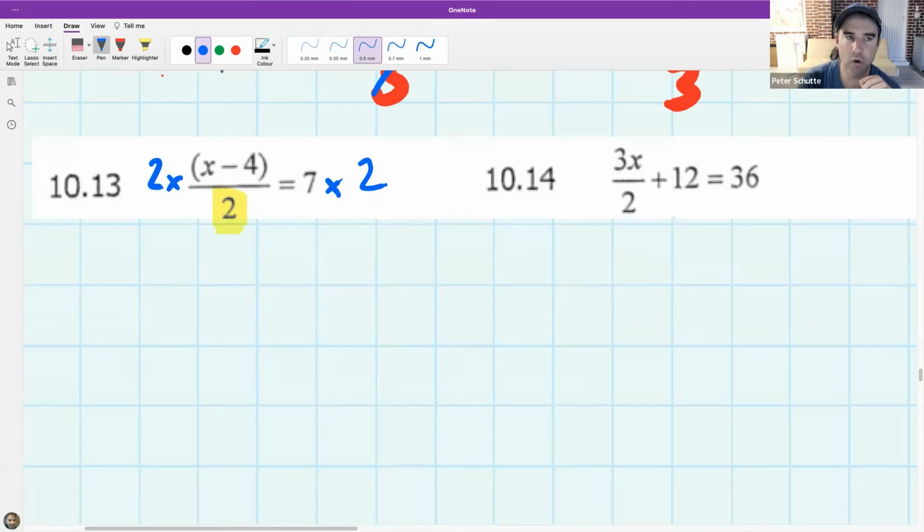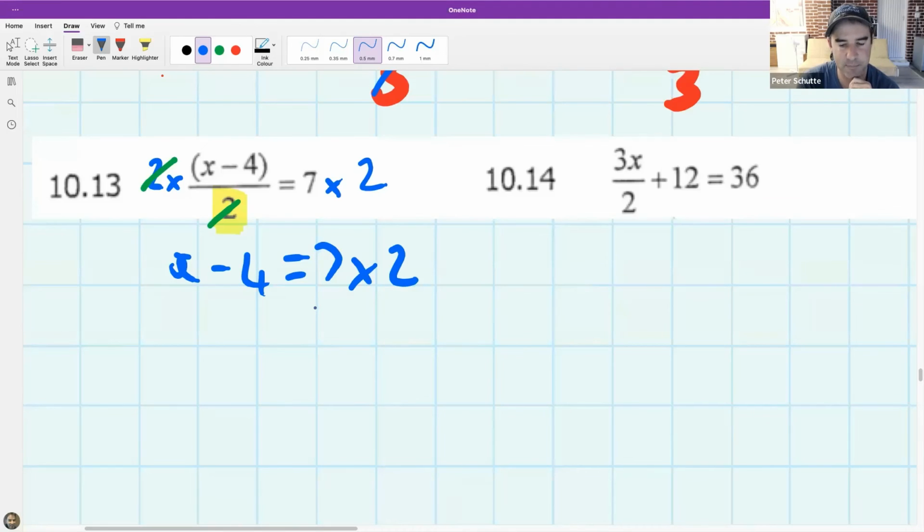The only job of this timesing by 2 is to knock out this 2 here. Remember, it's not a random coincidence. I'm designing what I do, but once I do it to the one side, I must do it to the other. So I'm left with just x minus 4 equals 7 times 2. But you need to solve it from that step forward.